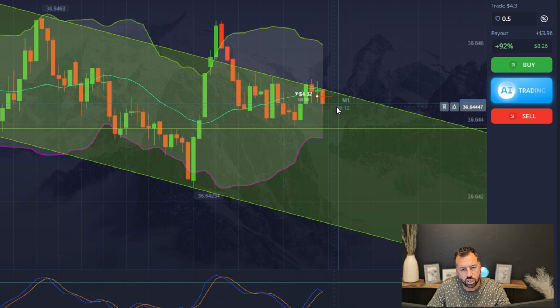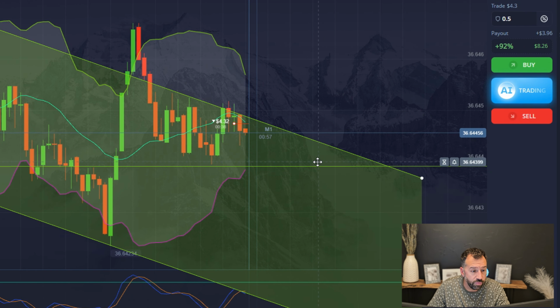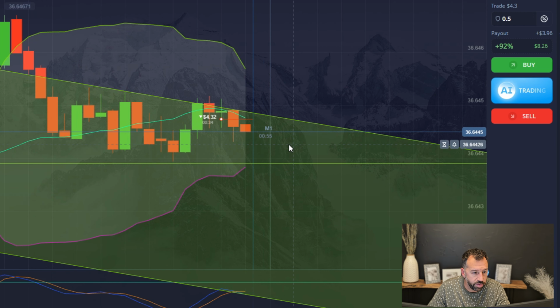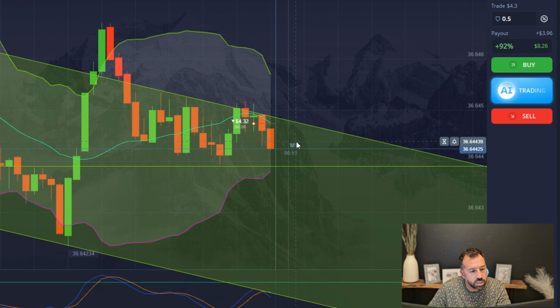So if this is going to fluctuate up and down, you really want to make sure that your indicators start to show which way it's going. The idea is to make sure that you can use your indicators to give you an idea that the trend is moving in that direction. All right. We are 33 seconds out on this one, and it looks like we have made a good decision.